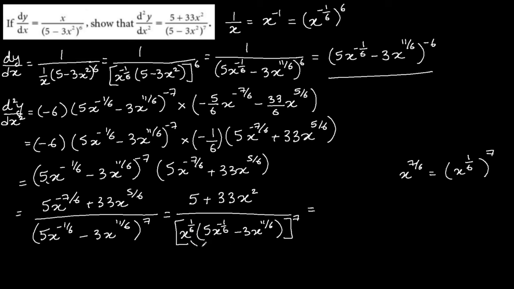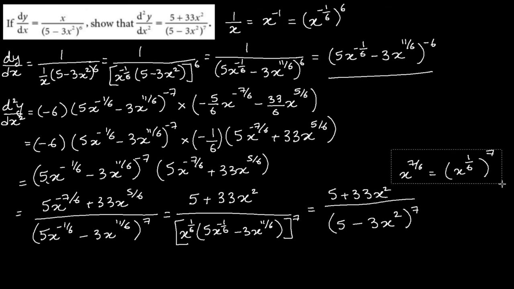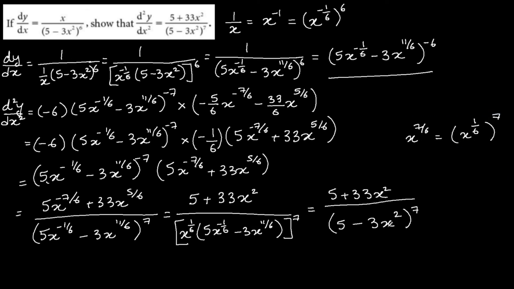And when we multiply out the contents of the square bracket, we get 5 take away 3x to the 12 over 6, which is just 2, all to the 7. The numerator stays the same. And let's move this out of the way. And that's the answer in the form required.